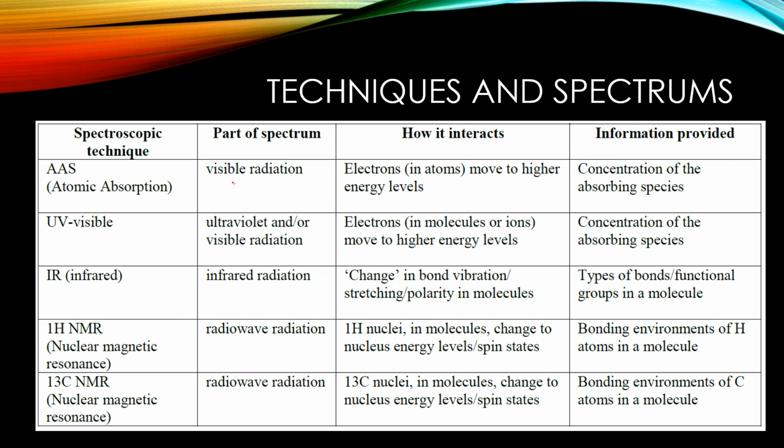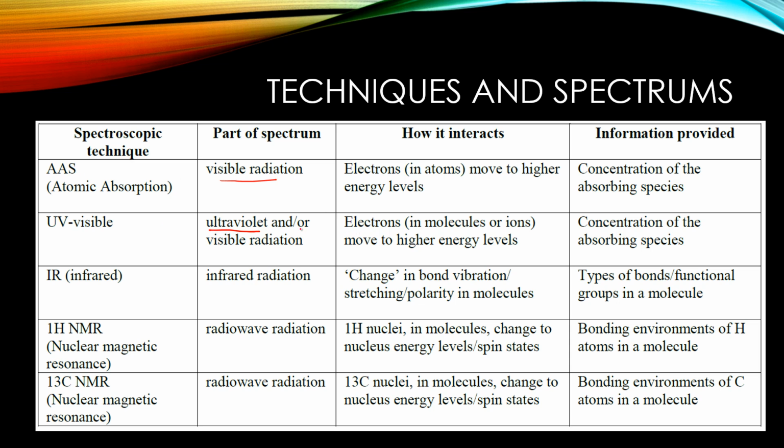So with the different techniques, the spectroscopic techniques absorb radiation or emit radiation at different parts of the electromagnetic spectrum. For atomic absorption spectroscopy, it deals with the visible part of the spectrum. For UV visible spectroscopy, it deals with not only the visible spectrum but also the ultraviolet spectrum.